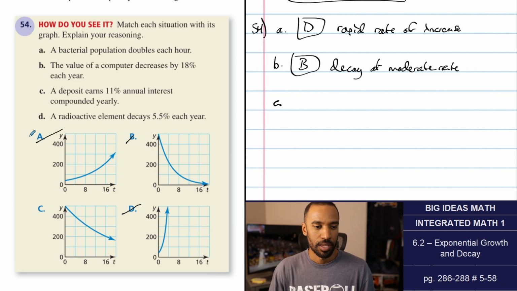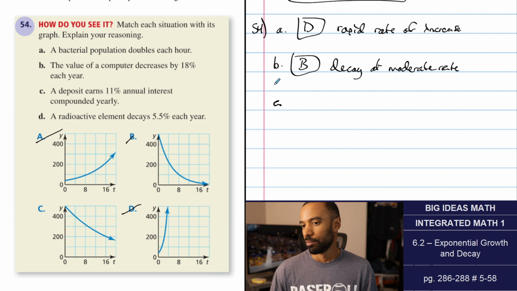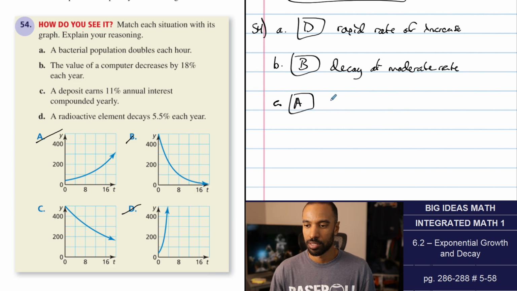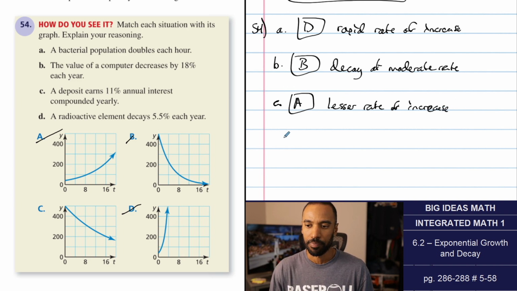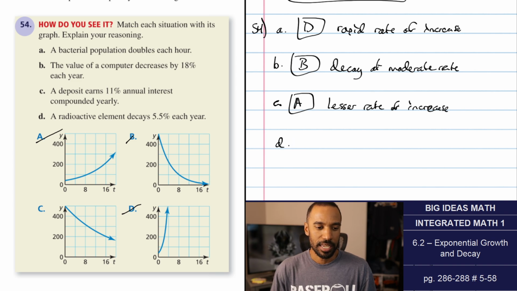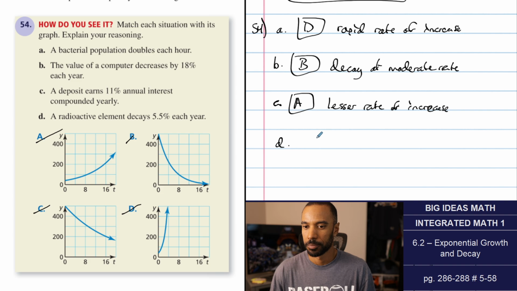That's going to be graph A. That is a lesser rate of increase compared to that of graph D. And then part D gets graph C. That's a lesser rate of decay compared to graph B. C.